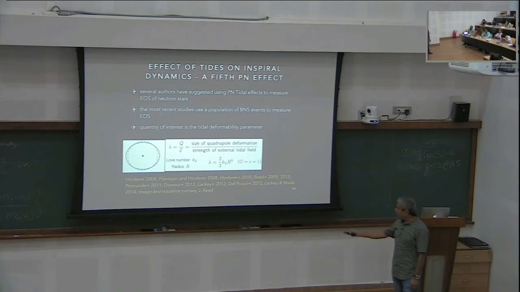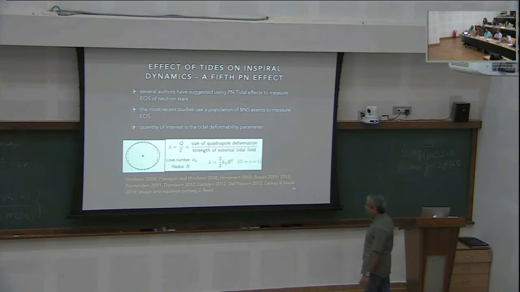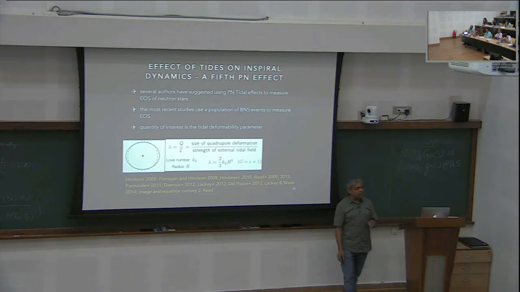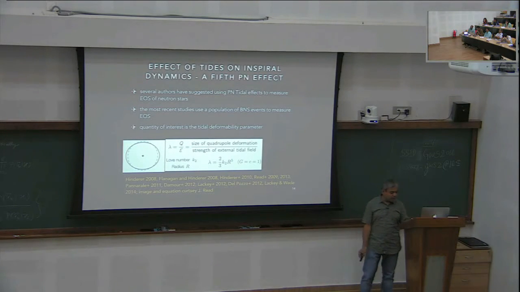And you can characterize it by using the Love number. Lambda is 2/3 the Love number times the radius to the power of 5, in units c equal to G equal to 1.